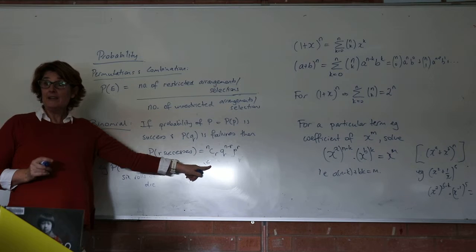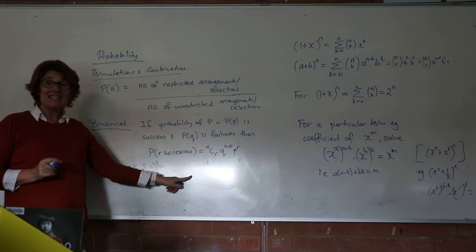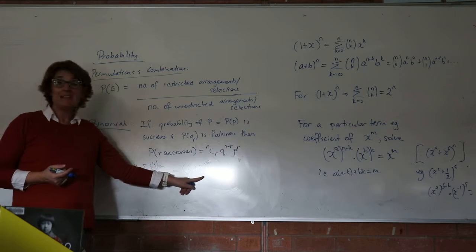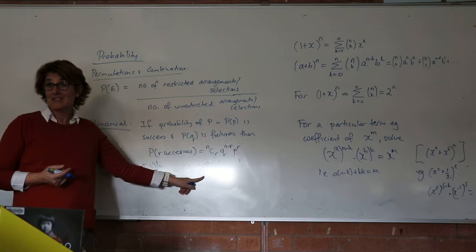With 6 rolls of a die, the probability of getting a 6 is 1 out of 6, and the probability of not getting a 6 is 5 out of 6.